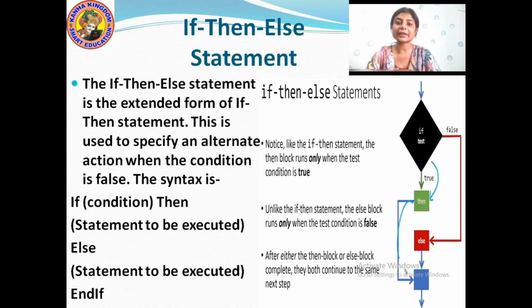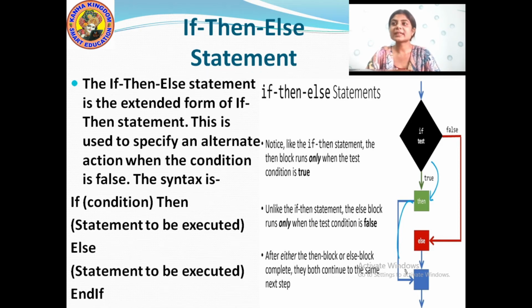What alternate can you give to get the result of the condition you have given? The syntax is: if condition, then the statement will be executed, else, if that is not the correct answer, you have given some more condition, then what will be the next program that you will write in the if-then-else statement.